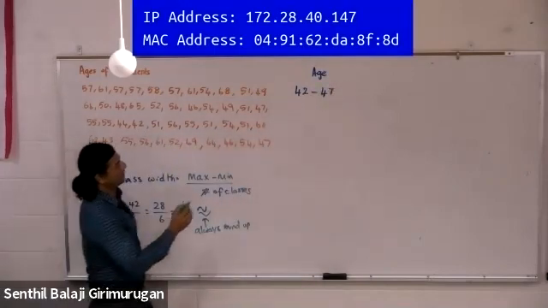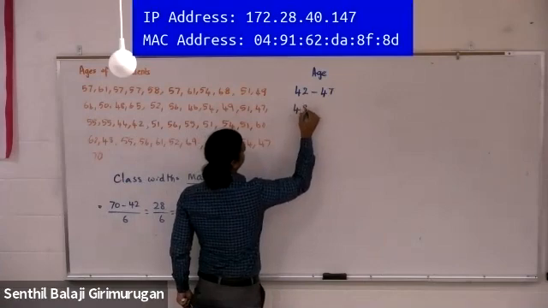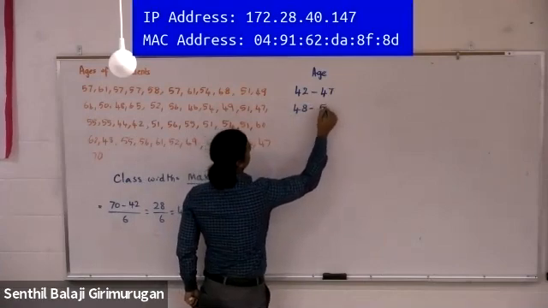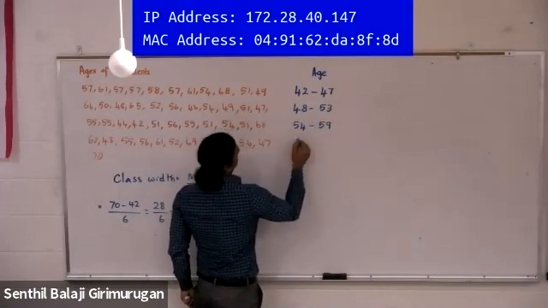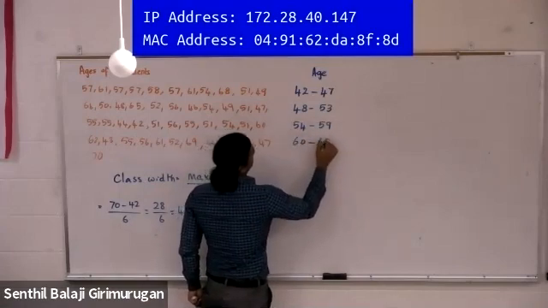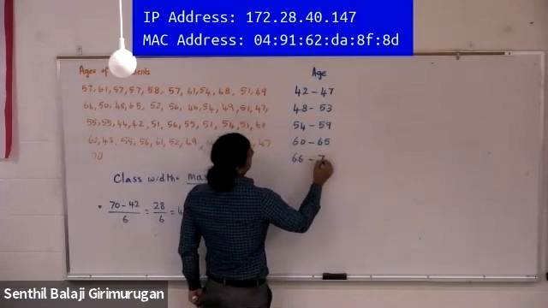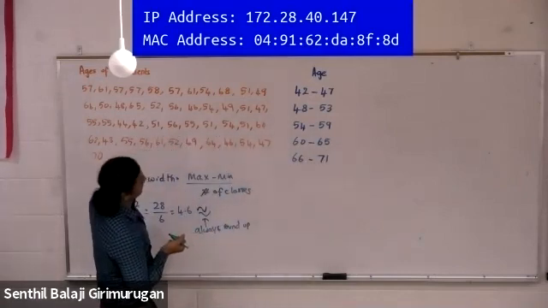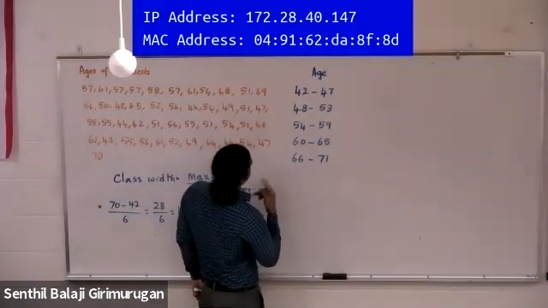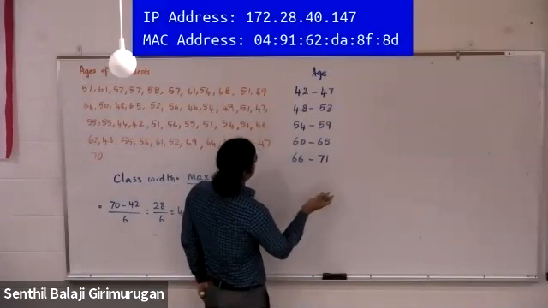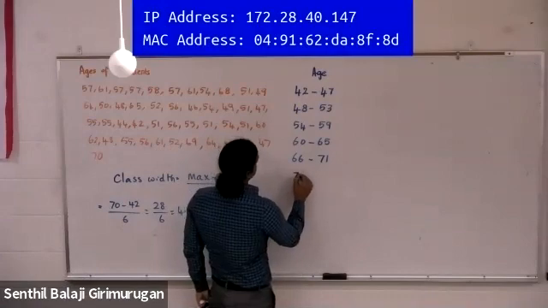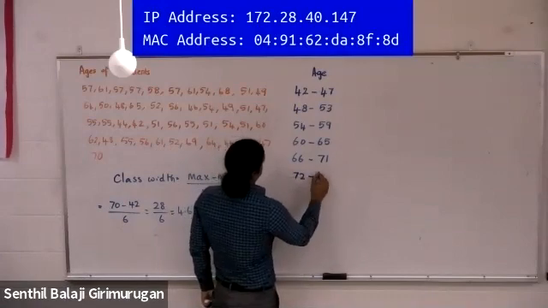Then 48, add 5, and so on, add 5, add 5, and 72 to 77.